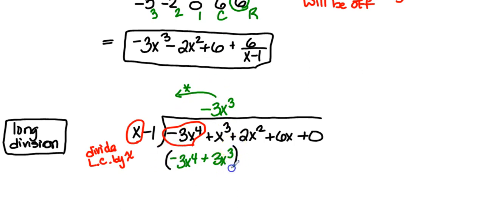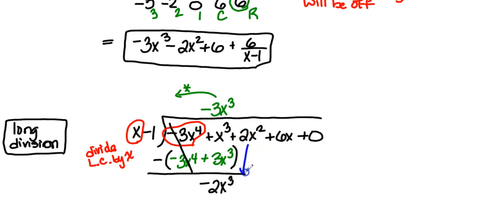We subtract, making sure we use parentheses, put the minus on the outside, draw the line across. Minus minus is a plus. Negative 3x to the fourth plus 3x to the fourth is 0. That's gone. Now I have x cubed minus 3x cubed, and I get negative 2x to the third.